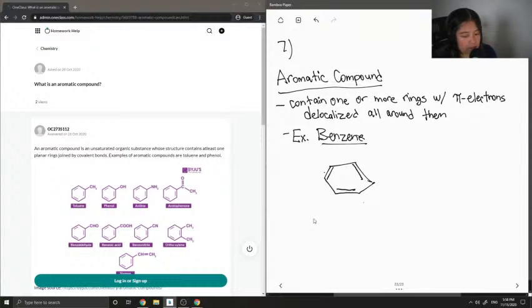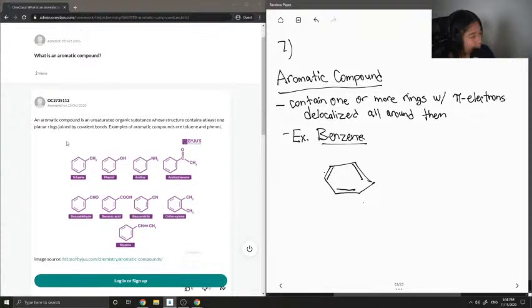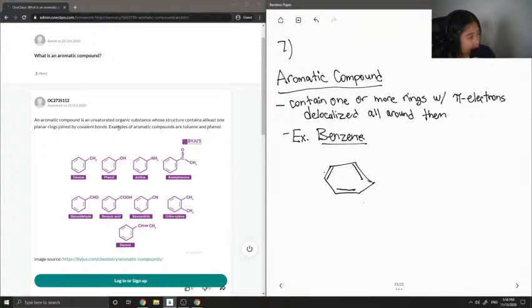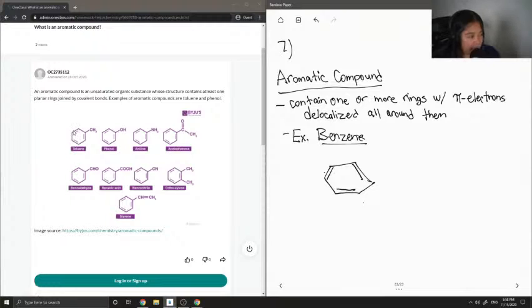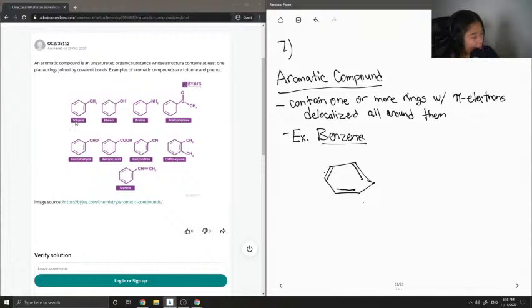Okay, so let's see what the junior tutor said. Aromatic compound is an unsaturated organic substance whose structure contains at least one planar ring joined by covalent bonds. Examples of aromatic compounds are toluene and phenol. Okay, so you'll notice that all of the different aromatic compounds in the example contain a benzene ring.